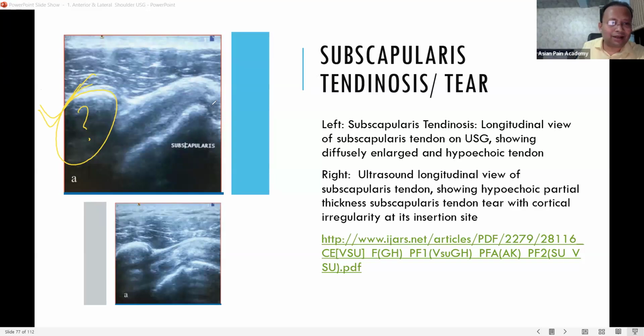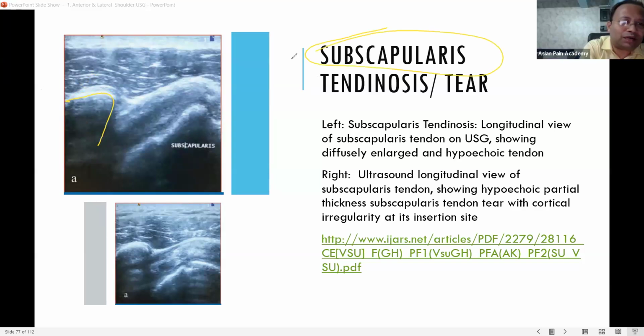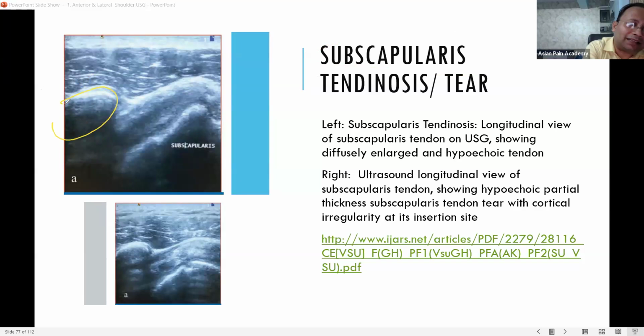I am asking you, what is this structure? When we know that we are going to see the subscapularis, so what is this structure? Lesser tuberosity. Which one? Lesser tuberosity, sir. This one, this area.